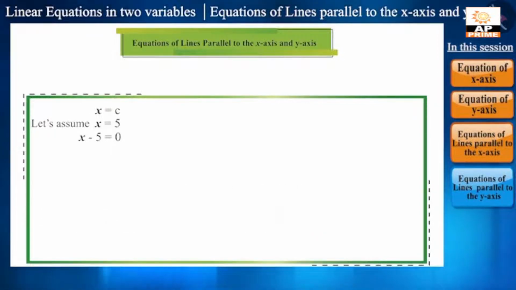Now, if we write this in the form of linear equations in two variables as x plus 0y minus 5 is equal to 0, then we will get infinite solutions. And (5, 0) will be one of the solutions, which will lie on the x-axis. (5, 2), (5, 3), (5, minus 1) are some more solutions.